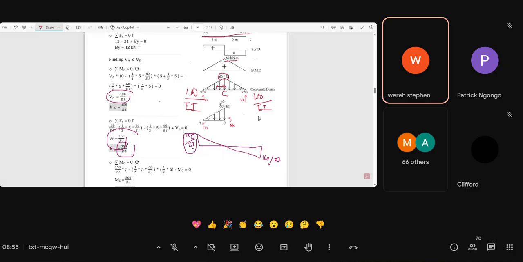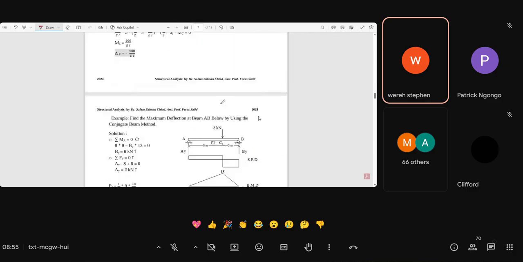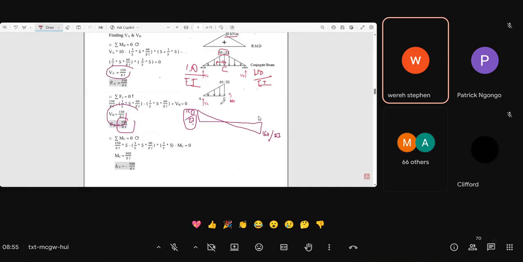Okay, so in this case, the deflection at point C, let me see. The deflection at point C. So look here, the deflection at point C is 150 times 5. This 5 here is the distance from A to C, which is 5. Minus, so this one here is the value of the total load of this triangular loading. Okay?